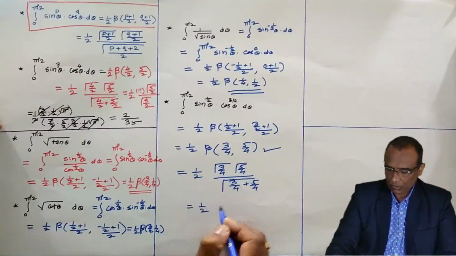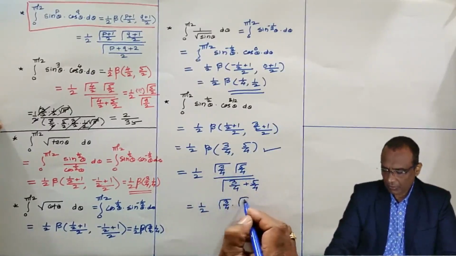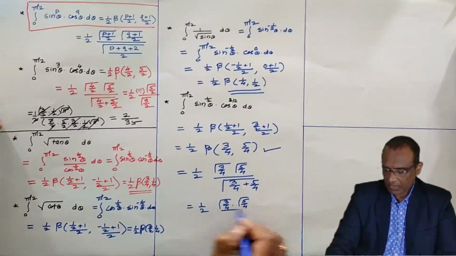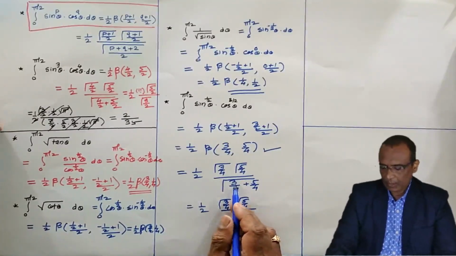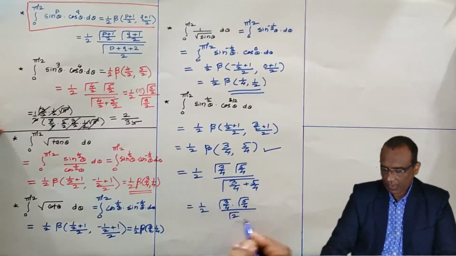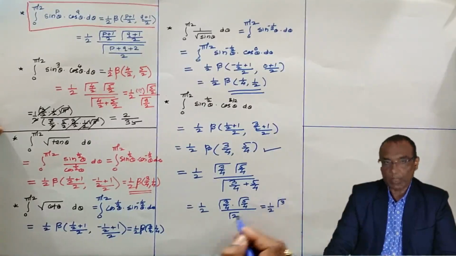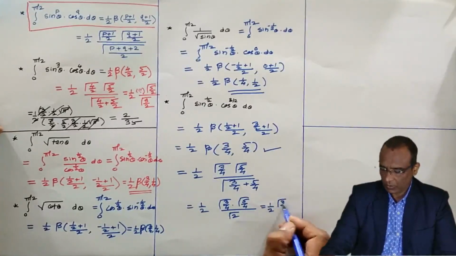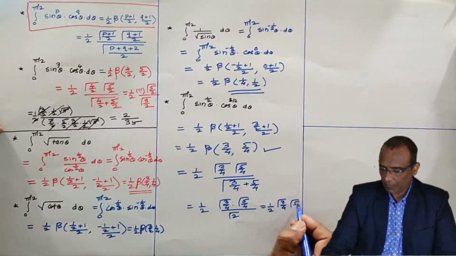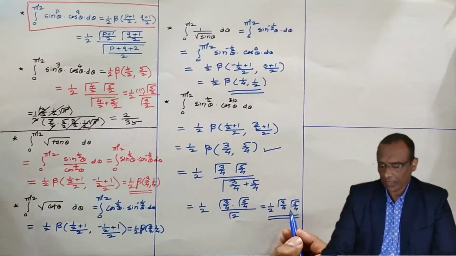It's 1 by 2, this is gamma 3 by 4, this is gamma 5 by 4, and this is divided by gamma 8 by 4, means gamma 2. And gamma 2 is factorial 1 and factorial 1 is 1. Means the value of gamma 2 is 1. And this is the most simplified answer.